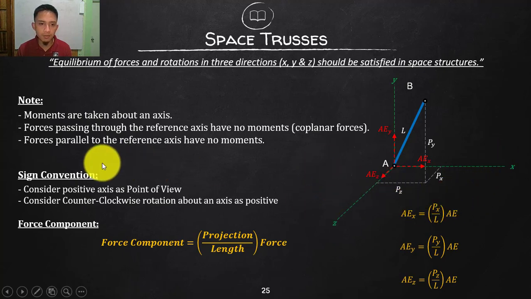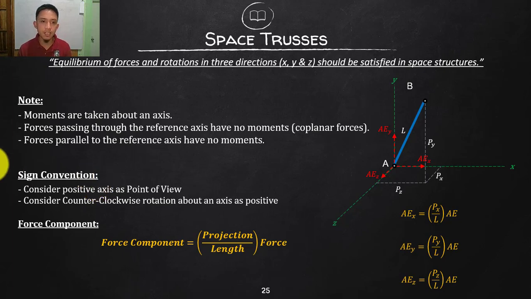So that is our sign convention. But actually, it's up to you. If you want the other way around, you can use that, no problem, as long as you stick to that assumption. Because if you interchange them, that will ruin your sign convention, and you might end up with wrong answers. So you need to stick to your assumption.